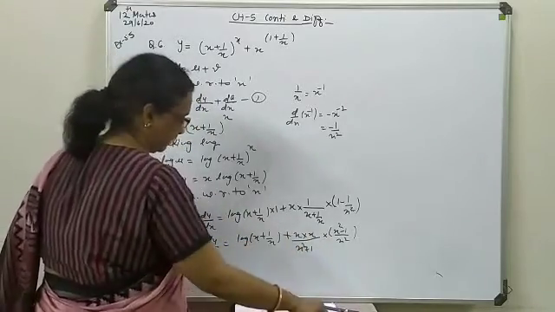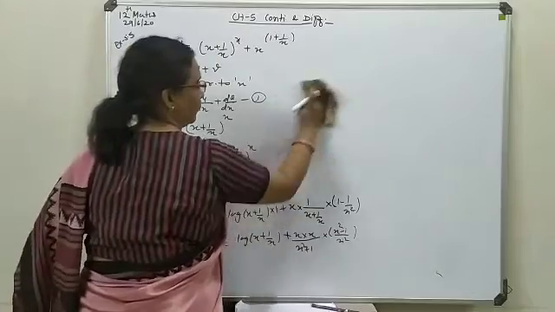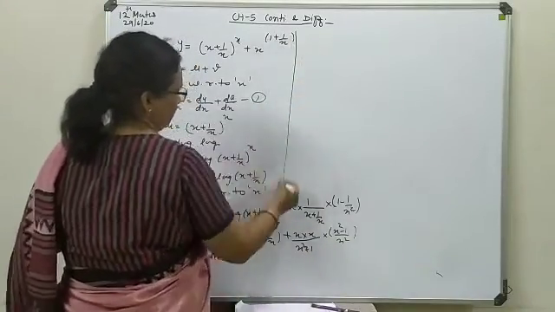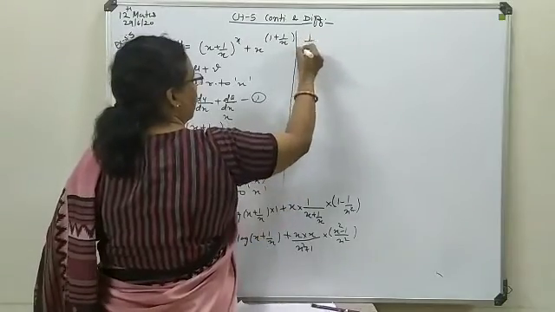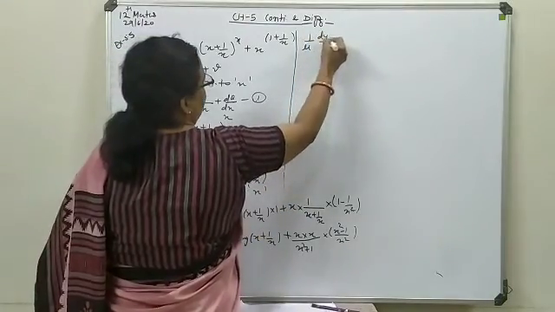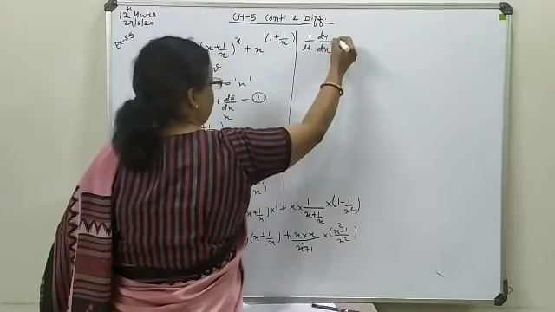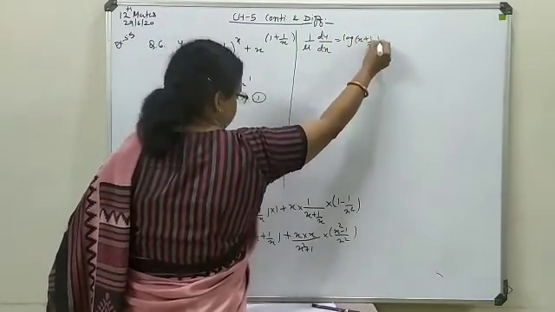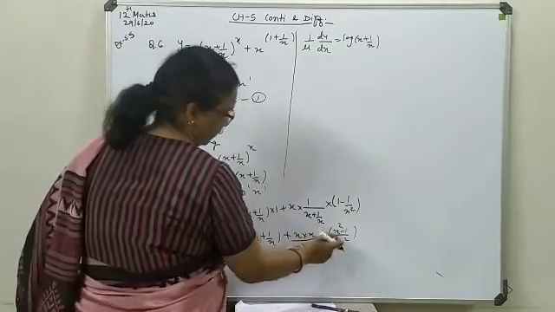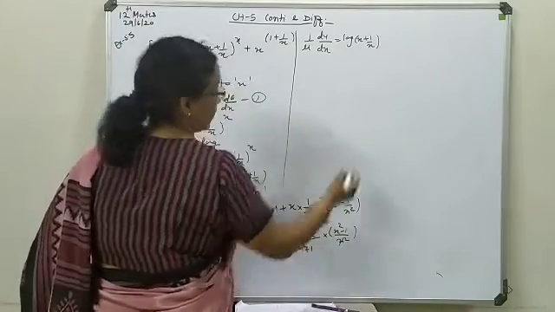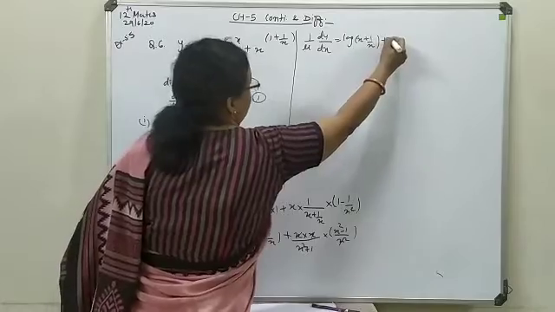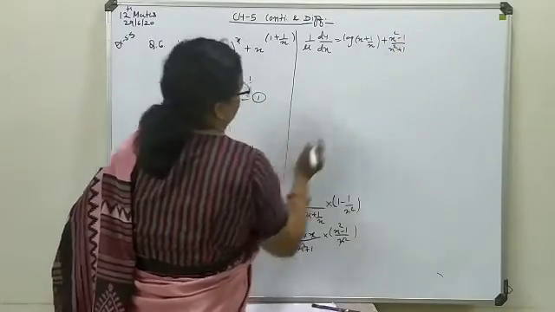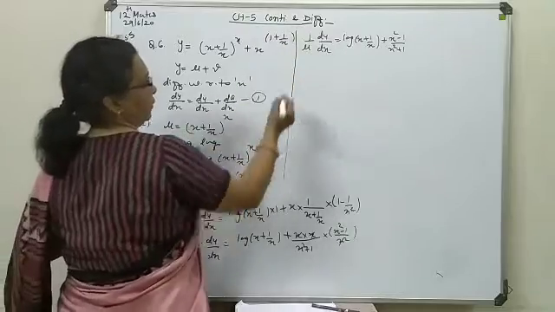And finally, as a result form, we have 1 upon u du by dx equals log of (x plus 1 upon x). These two are going for cancellation. This is your (x square minus 1) upon (x square plus 1). u is to be multiplied over there.